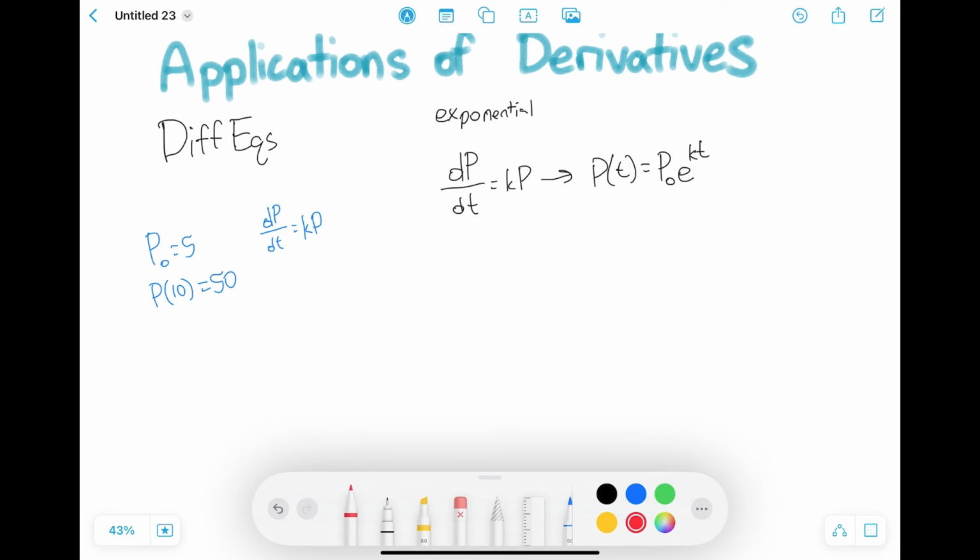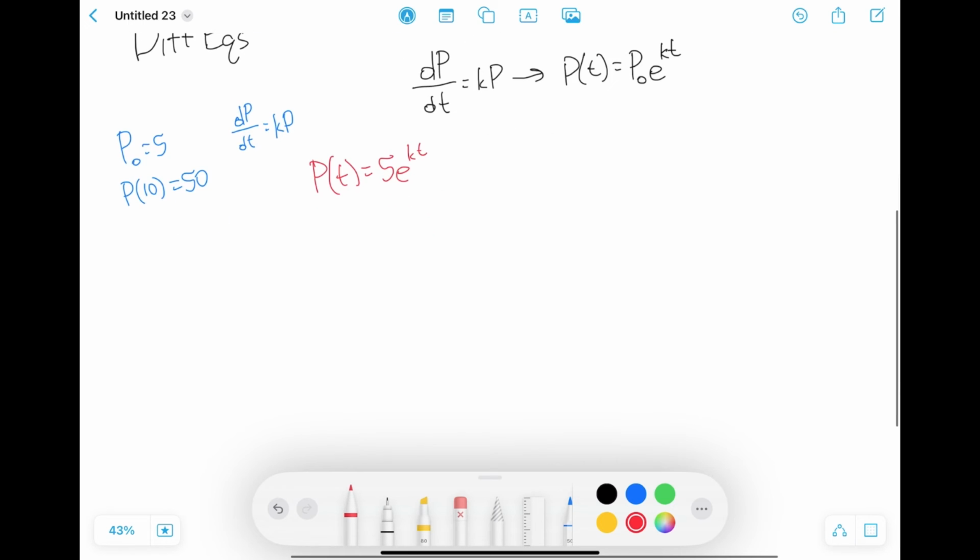If we have this memorized, this becomes easy. We would just say P of t is equal to 5e to the kt. And since we know P of 10 is 50, we can say P of 10 is equal to 5e to the power of 10k, which is equal to 50. Sorry, this should be 10k, because t is equal to 10.